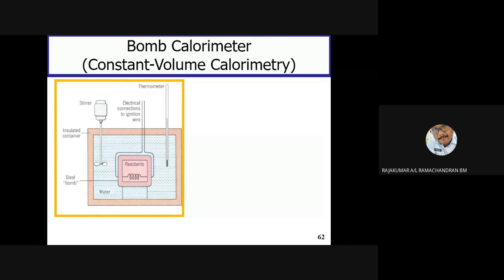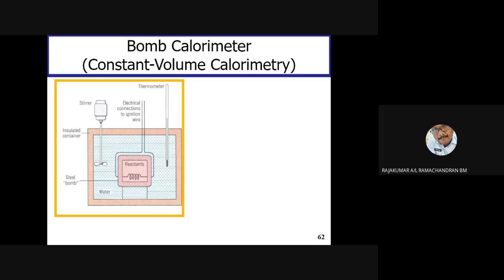Okay. So now kita pergi ke Jamboard. So Q system sama dengan Q reaction tambah Q calorimeter tambah Q water sama dengan kosong. Because kita gunakan insulated container, kita assume no heat loss to surroundings.